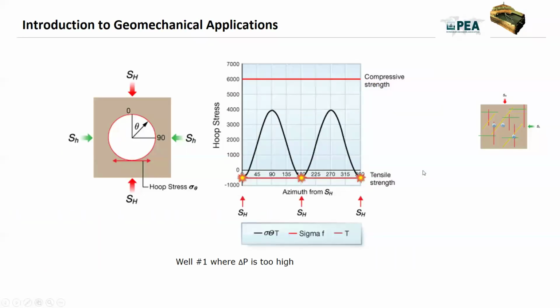Now the figure shows an example of also well one, but where the wellbore pressure is too high. Wellbore pressure too high means that the mud column of our wellbore is too high, causing hydraulic fractures to initiate at the azimuth of SH max. The only difference between this figure and the previous one is that the well pressure was increased.